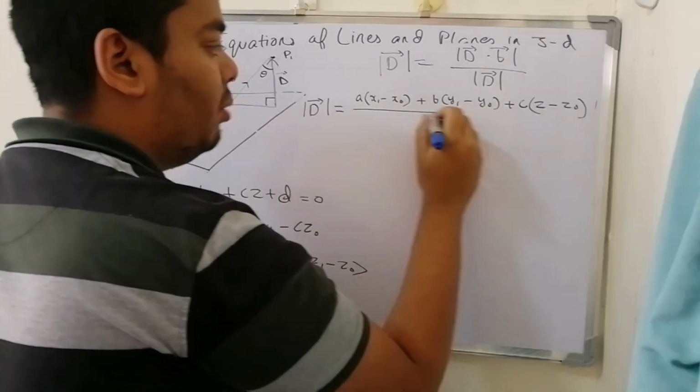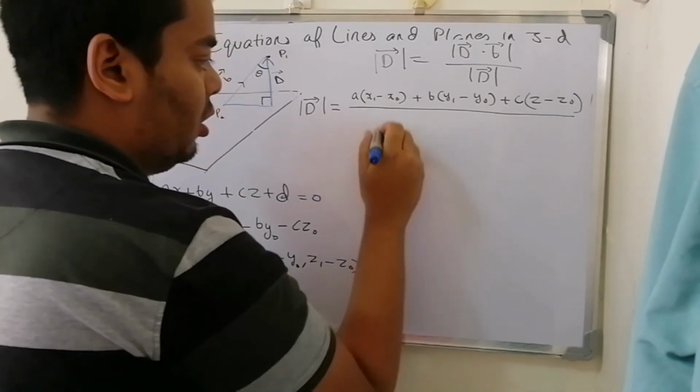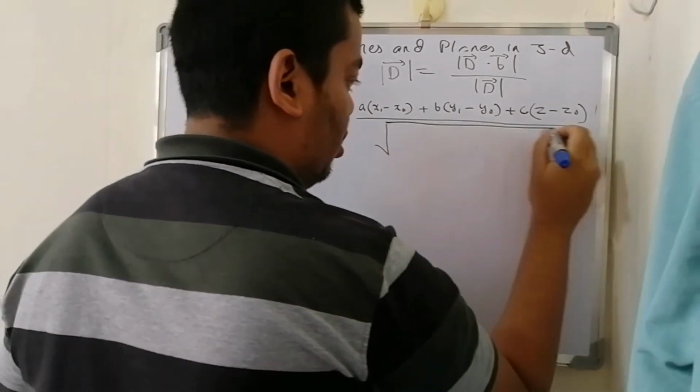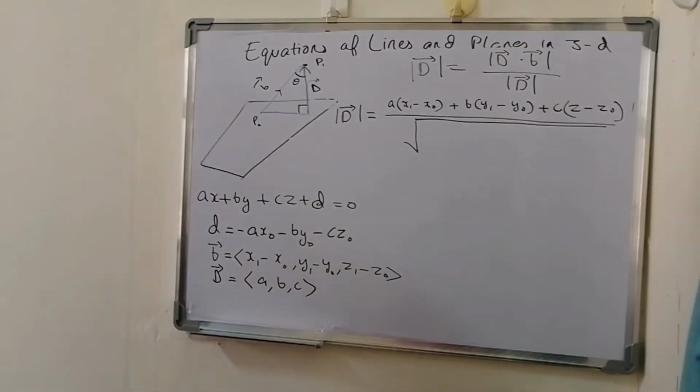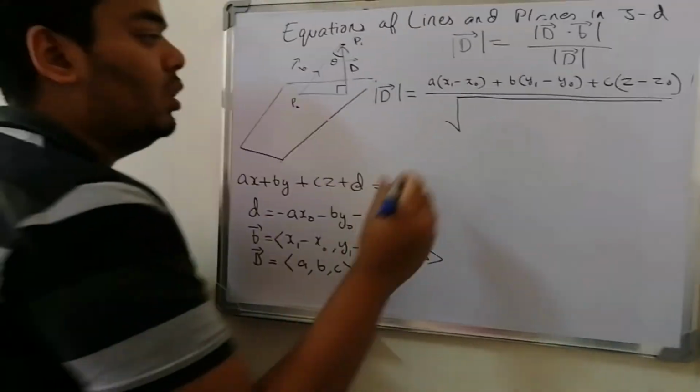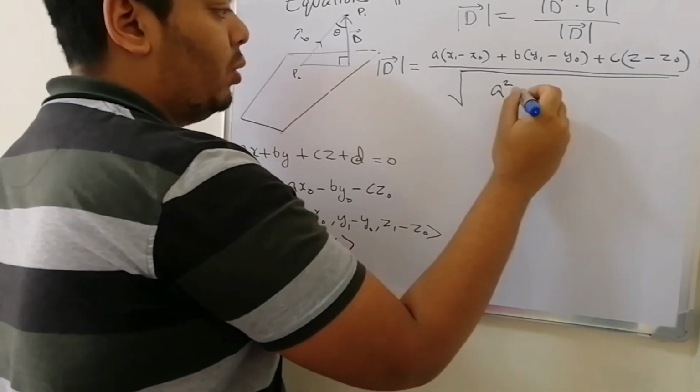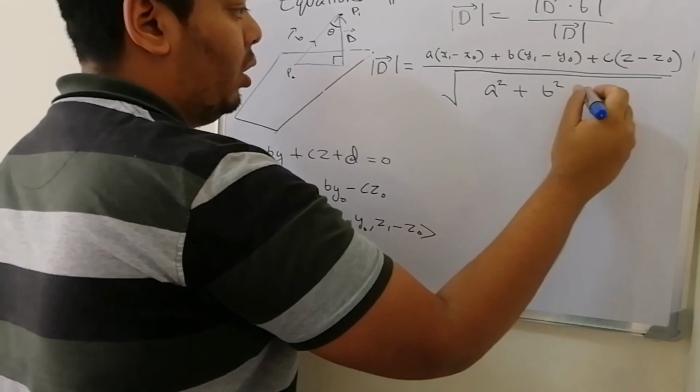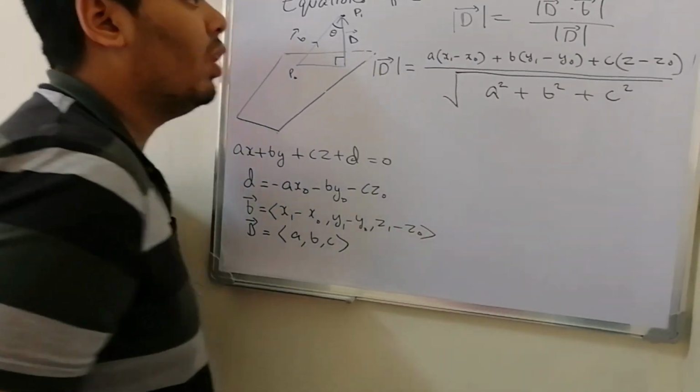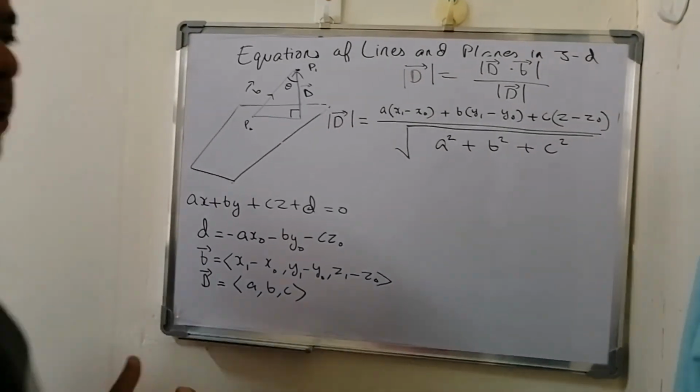Let me write this down neatly so that it's noticeable to everyone. Then we divide by the magnitude of D, which is the square root of A squared plus B squared plus C squared. Now let's expand the numerator.